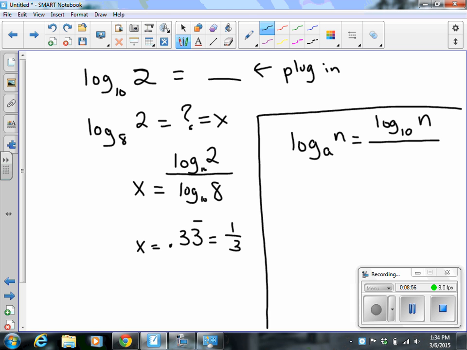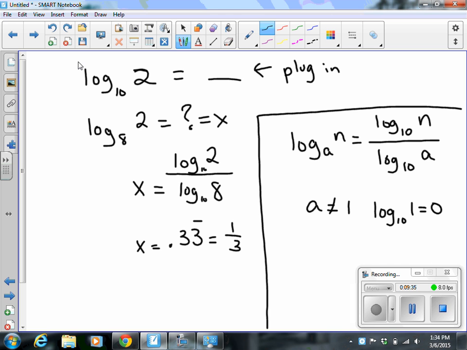Some conditions here: a cannot equal 1. When you plug in log of 1, that equals 0, and we know that we can't divide by 0, hence why a cannot equal 1.